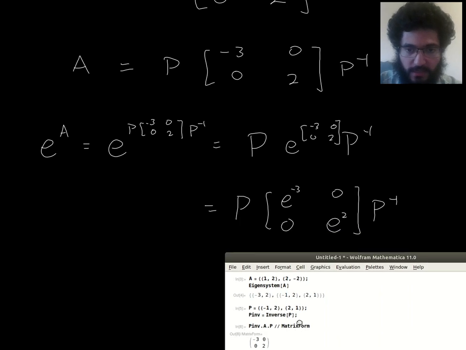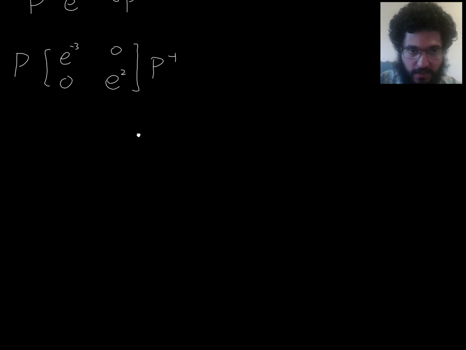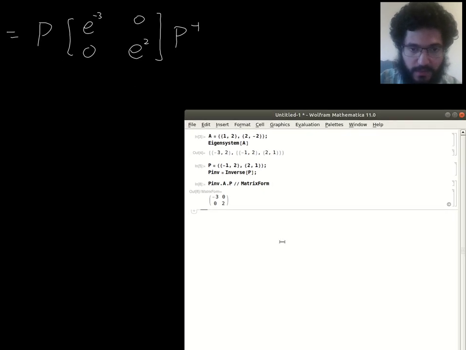So the answer in the end will be, let me try to show everything on the same screen here. The answer in the end will be P times that matrix there times P inverse.